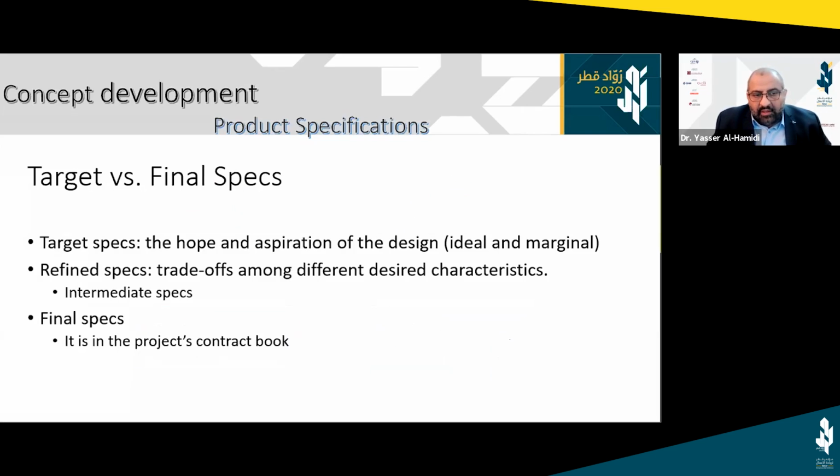So again, for technology-intensive products, specifications are established at least twice. You have the target and you have the final. The final specifications are basically a refined version after your product concept has been selected.